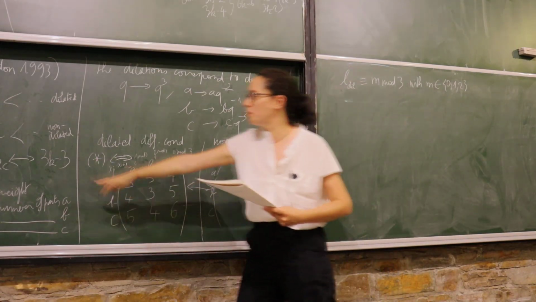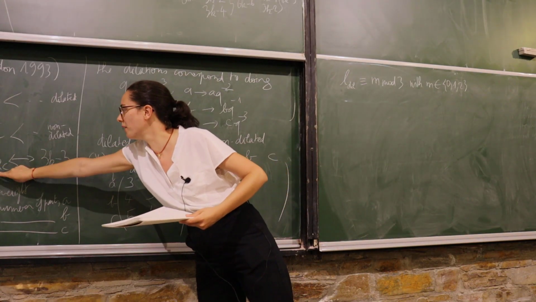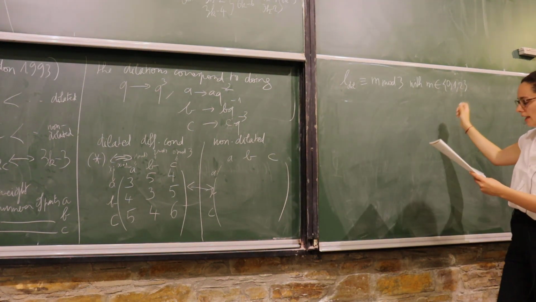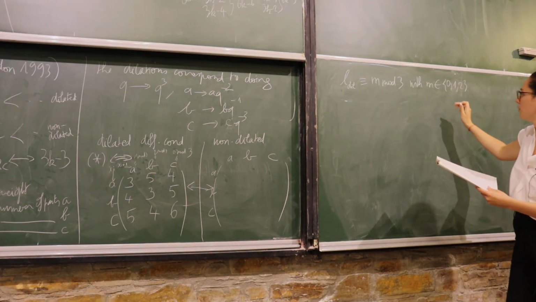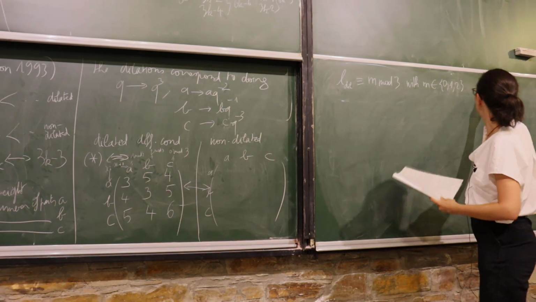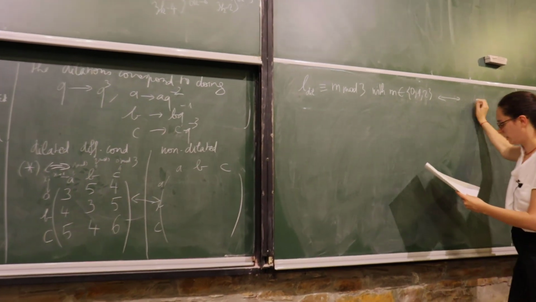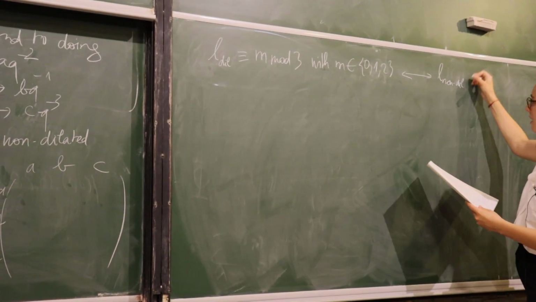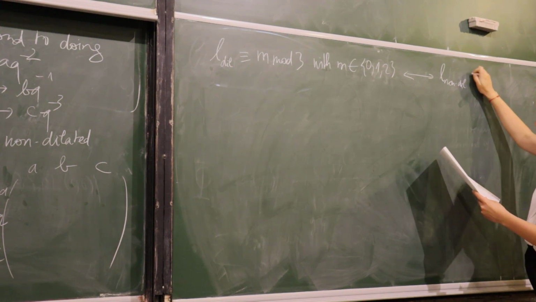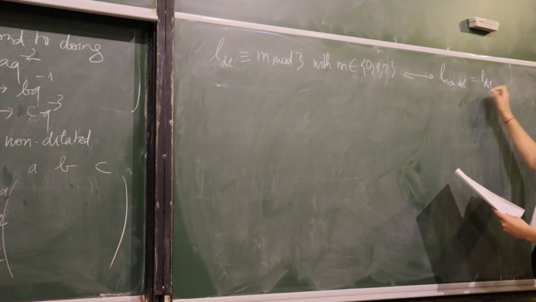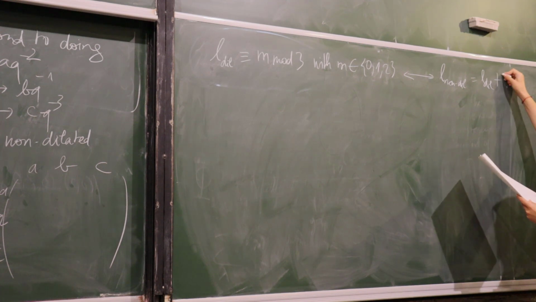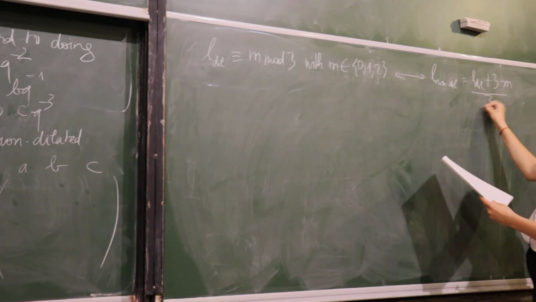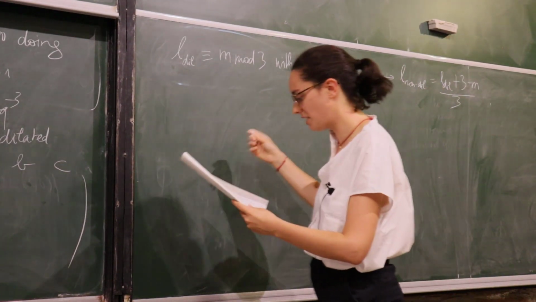Here I wrote the correspondence between non-dilated part and dilated part by doing the transformation in this direction. But actually, we can also say that it will correspond to some non-dilated part, which would be equal to your dilated part plus 3 minus m, divided by 3. So that's a kind of general formula.